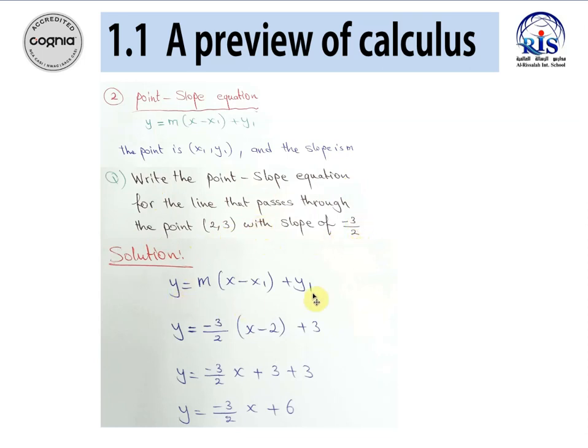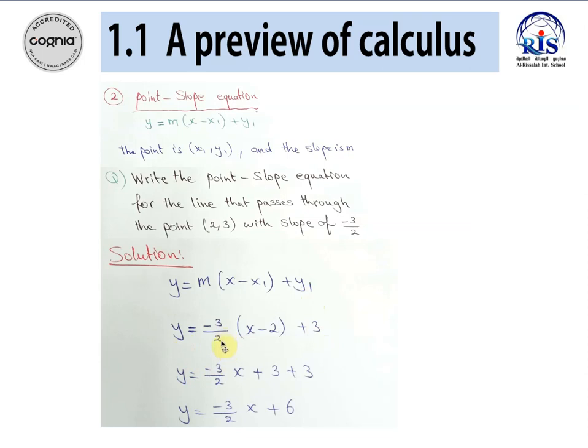In the solution, we will write the rule, then we will substitute the slope, negative 3 over 2, and x1 here inside the brackets. I have positive 2, but in the rule I have x minus x1, so I will exchange the sign of 2, and here plus y1 without exchanging the sign.